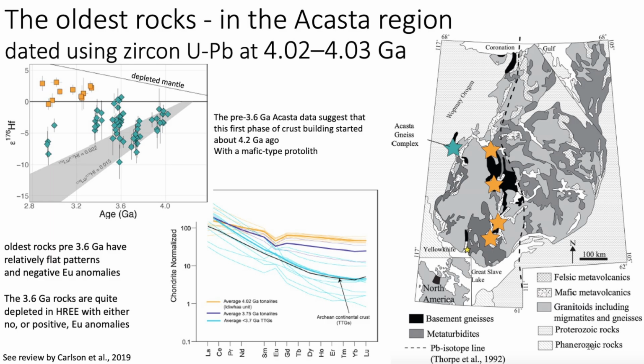When we go to younger ones, there is an enrichment here and a depletion here, compared to the chondrites. And these latest trends are very similar to what we have for the Archean continental crust that is better exposed and has been analyzed by Hervé Martin, his student Jean-François Moyen, and others.